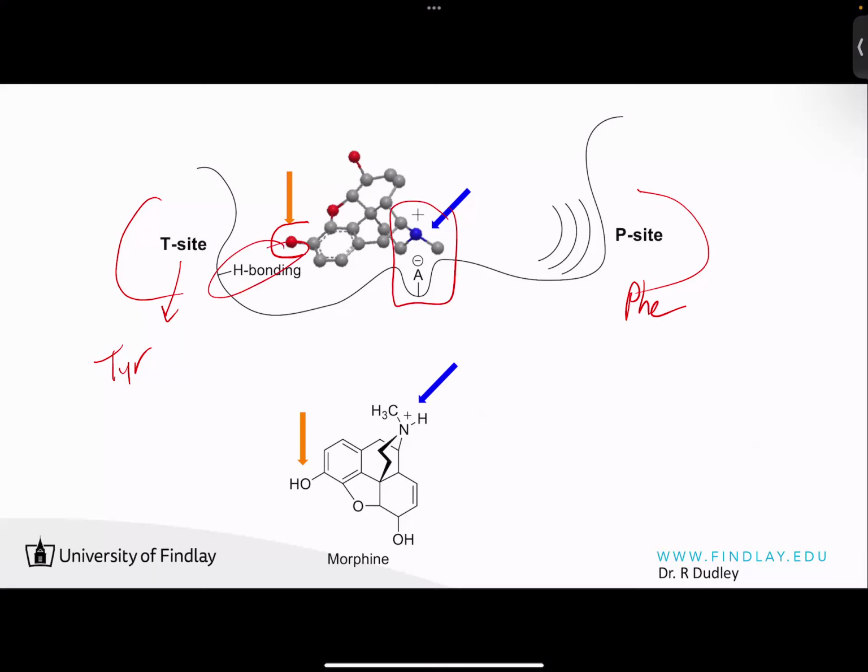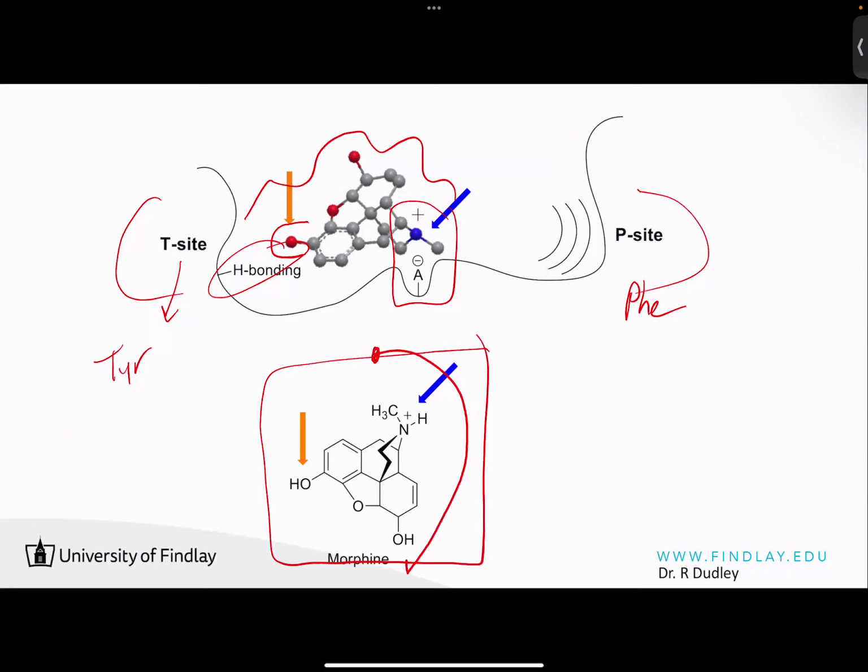Here is that anionic center that we talked about. And then we have a lot of real estate up here for additional interactions. I'm drawing the molecule like this in two dimensions, but in reality, it's probably being pulled down like this such that the positive charge is more downward facing, so it can interact with that aspartic acid residue.